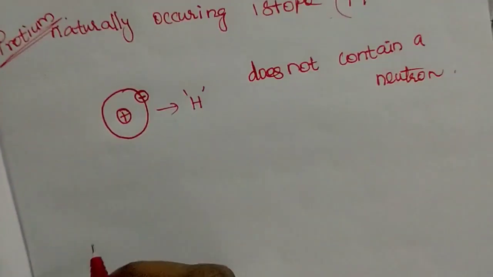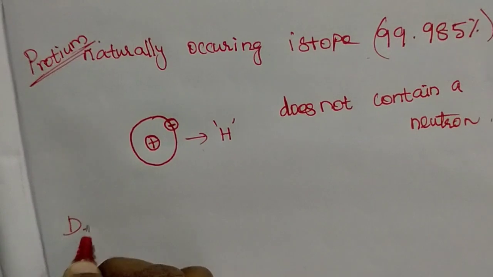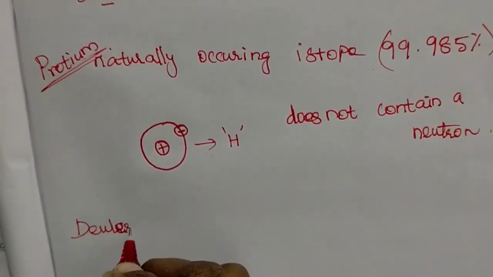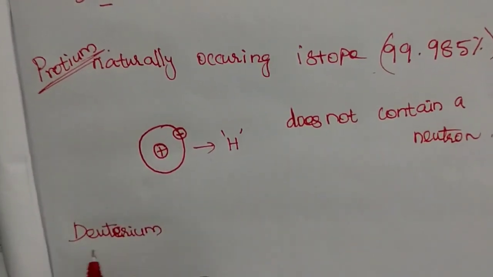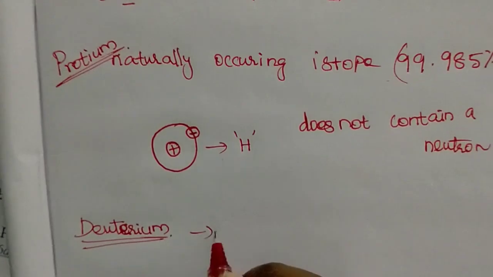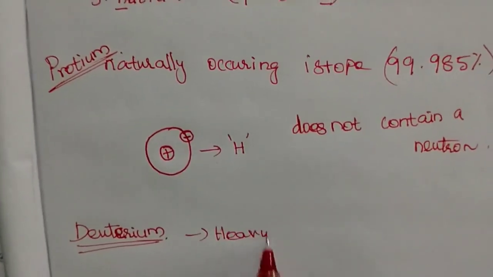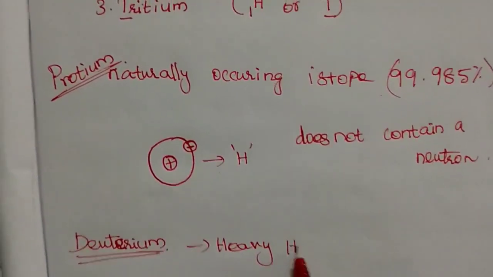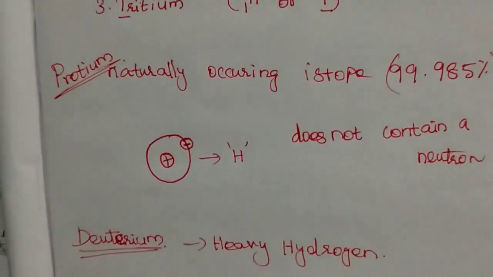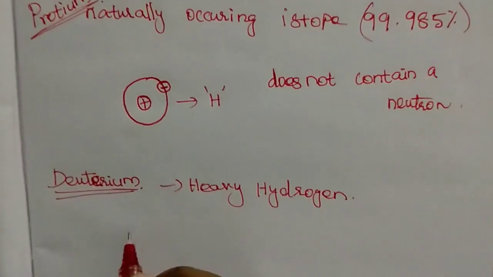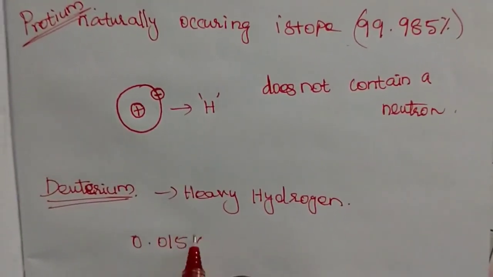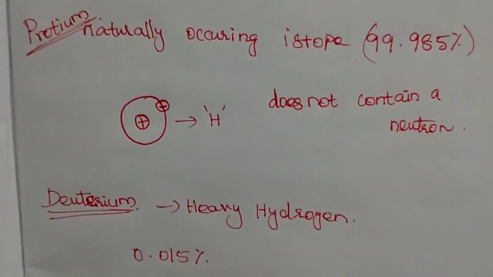The second isotope is deuterium. It is a heavy hydrogen. Another name of deuterium is heavy hydrogen, and it constitutes 0.015%.